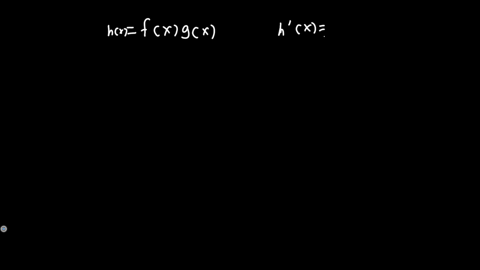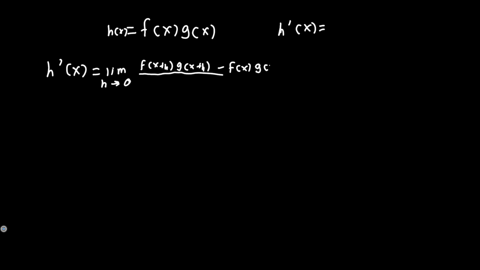We could use the limit definition. So we have h prime of x is equal to the limit as h approaches 0 of f of x plus h times g of x plus h minus f of x, g of x, and that is all divided by h.